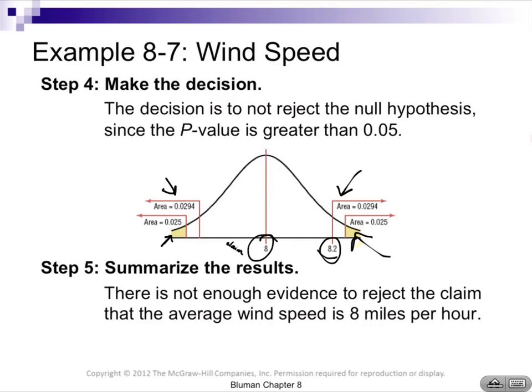So there's not enough evidence to reject the claim that the average wind speed is 8 miles per hour because we didn't fall in the critical region. 8.2 can be simply a result of normal variation. The range you'd find as you pull out different samples and calculate their means, again, falls within a low to high range somewhere around the population mean.